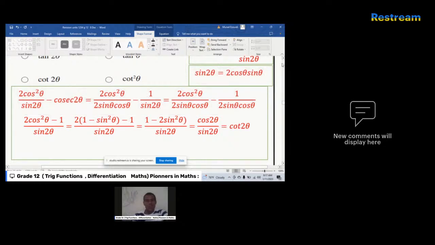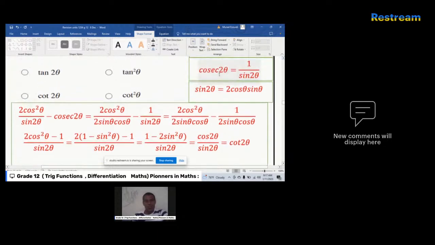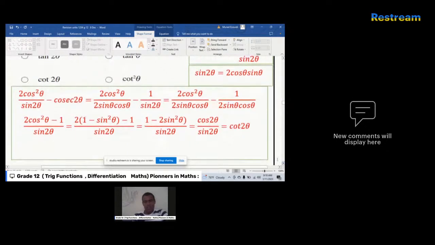Simply because cosec 2θ is equal to 1 over sine 2θ. Then we have 2 times cosine square over 2 sine θ cosine θ minus 1 over 2 sine θ cosine θ, because this is equal to sine 2θ. And then I will show that 2 cosine square minus 1 is in fact cosine 2θ, or you can write it as 1 minus 2 sine square θ.